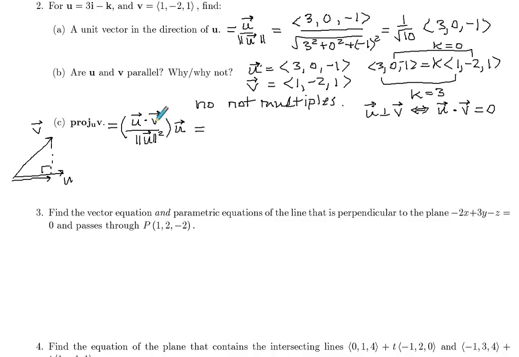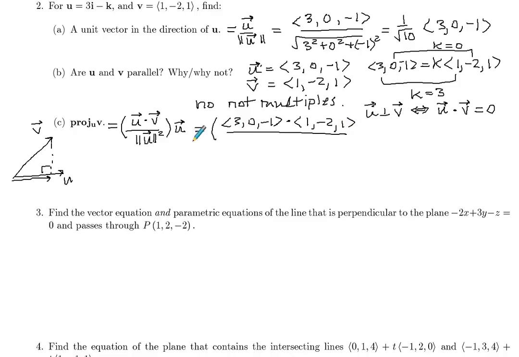So u dot v, let's figure out the scalar up on top. That's the dot product of 3, 0, negative 1 with 1, negative 2, 1.